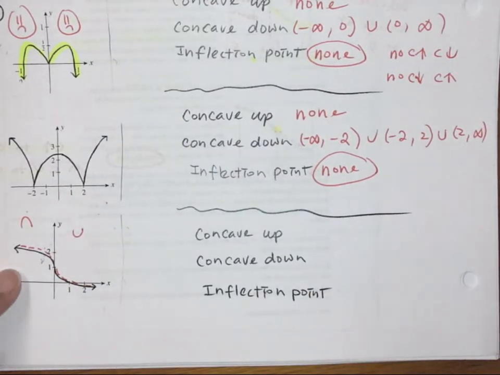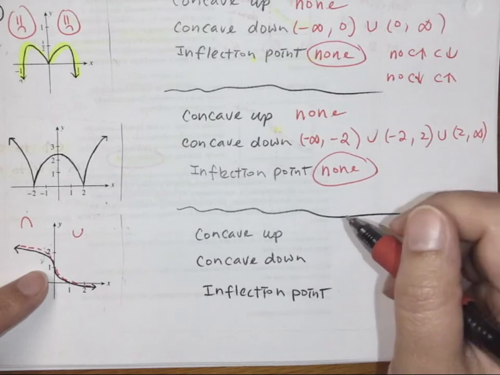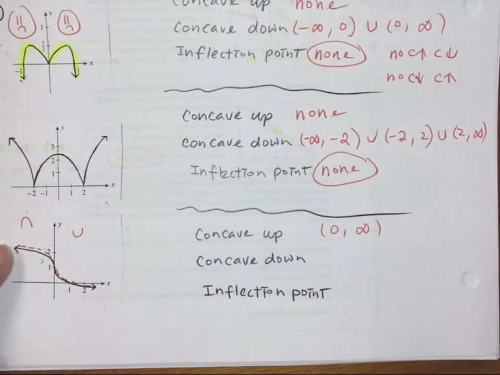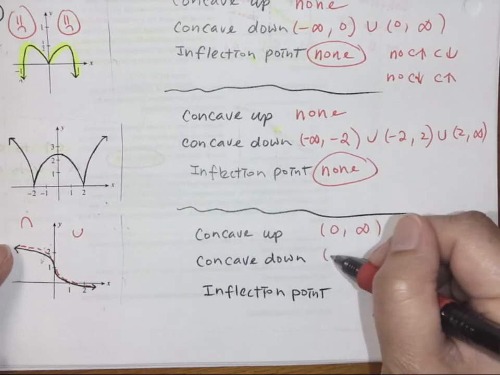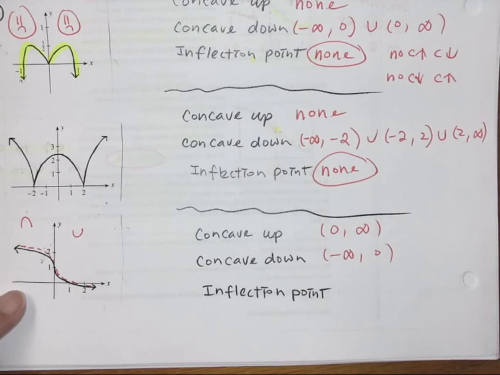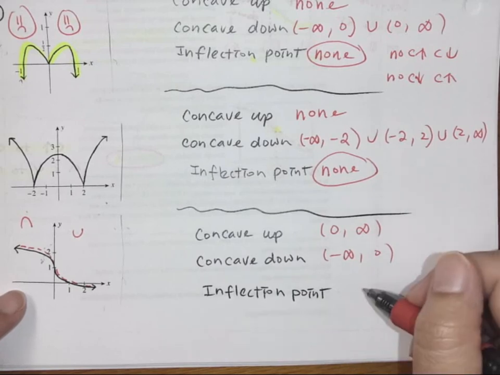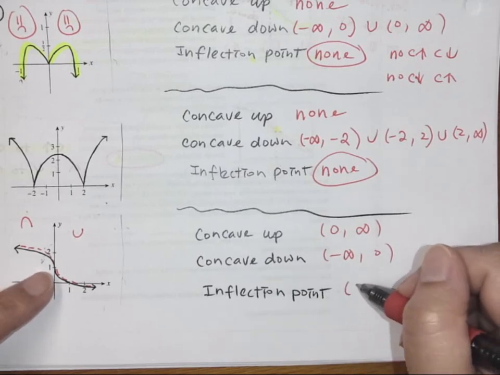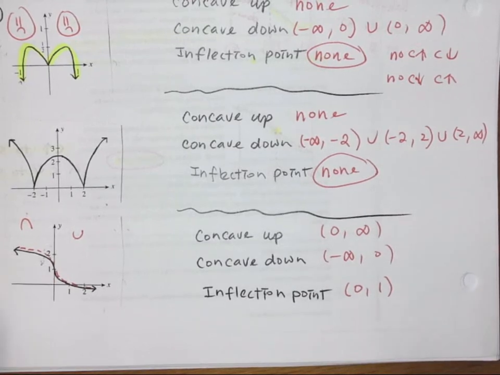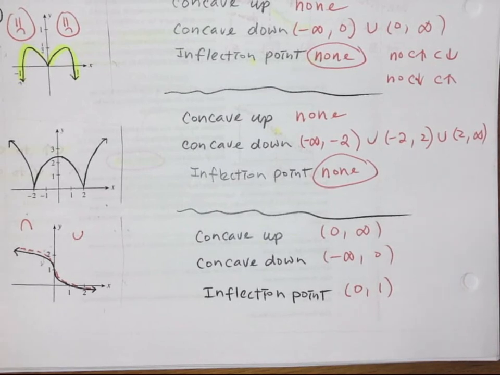So concave up starting from x is 0 to infinity, concave down starting from negative infinity to 0, and the inflection point is x is 0, y is positive 1. Okay. So hopefully you tried a little bit and you may see how challenging this can be because we probably will have some like this on the exam.